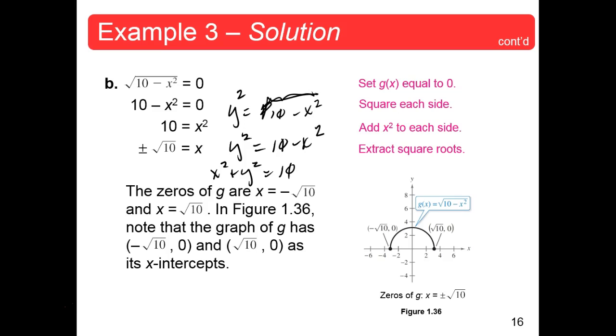And so r squared is 10, so 10 must be the square root of r. No, r must be the square root of 10. Yeah, that's what I meant to say. And so the radius is the square root of 10, and sure enough, the square root of 10 is between what two integers?